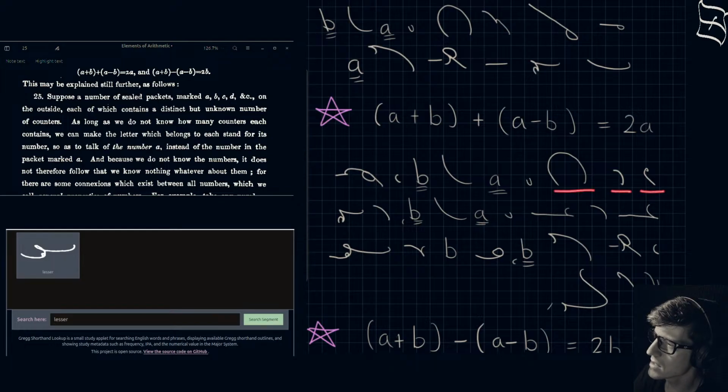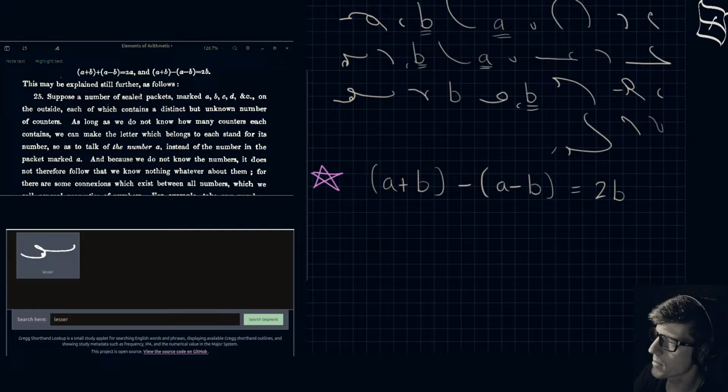If the difference of a and b is taken from the sum of a and b, then the result is twice times b, where b is the lesser of the two values. And this written in mathematical symbols is a plus b minus a minus b.